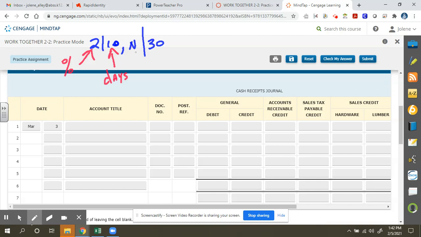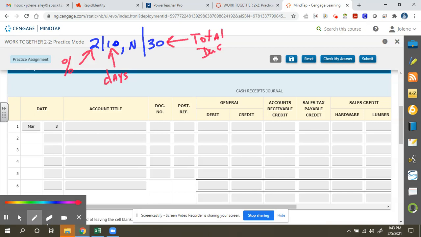Net means the total due. If you don't take the discount, then your total is due in 30 days. That's what that means. The first number is the discount you can take only if you pay within the days that they give you. Otherwise, if you don't take it, that's fine, then it's net 30. Everything has to be paid in 30 days.